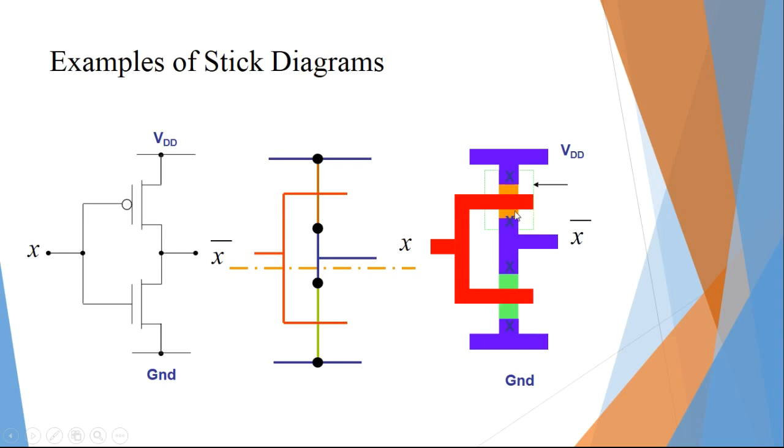As you can see, there is a particular thickness of poly which depends upon the technology node, okay, that we have defined here, right? And we have the PMOS area, we have the NMOS area, right? And this shows the well, that is N well, right? And these are the metal contacts.